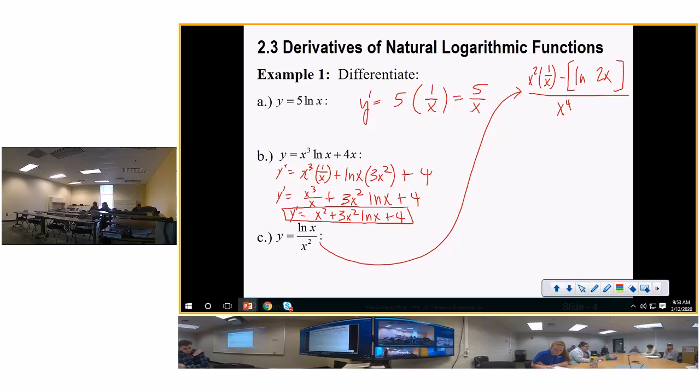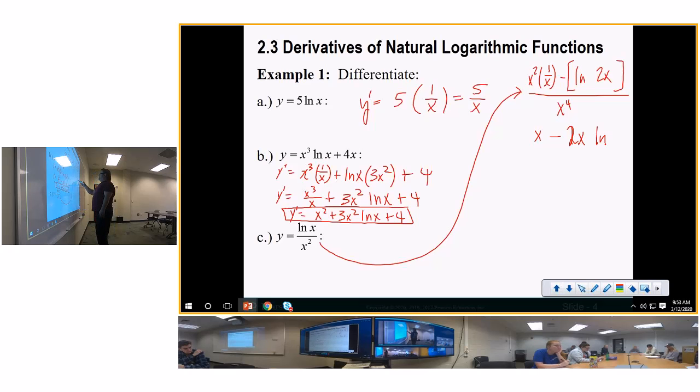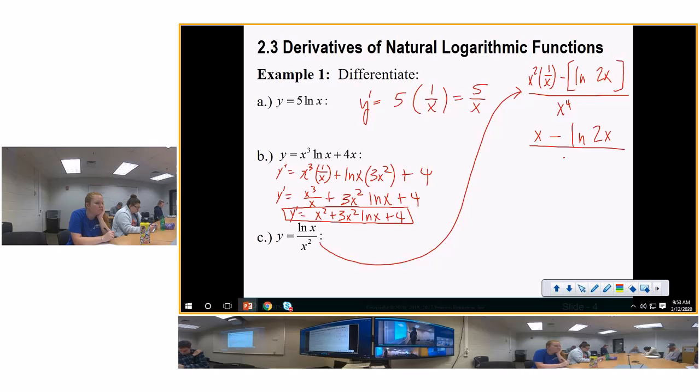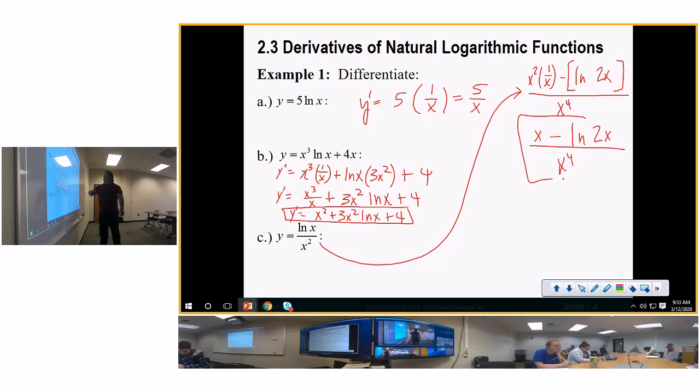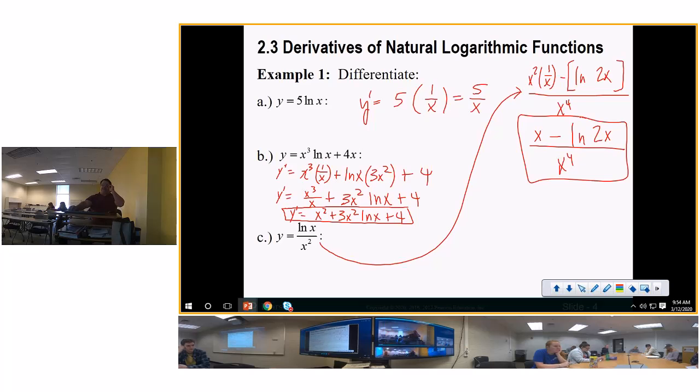And that's going to be x squared divided by x is x minus 2x natural log of x. No, that's going to be natural log of 2x, sorry. Natural log of 2x over x to the 4th. Next.